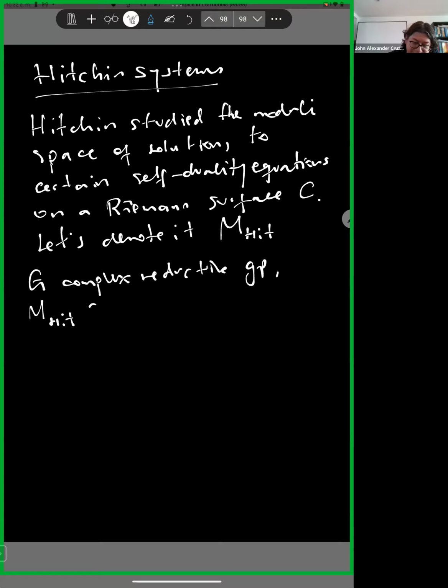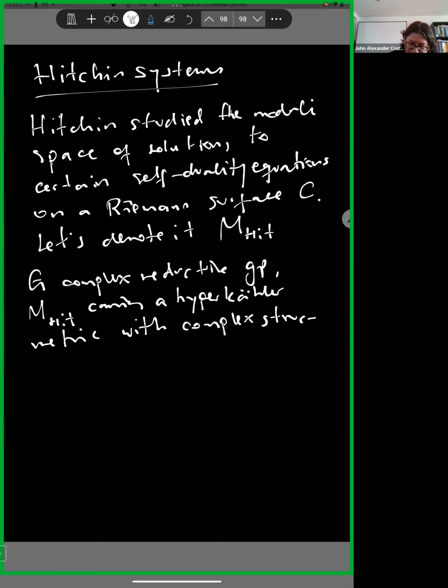It carries a hyperkähler metric, with complex structures I, J, and K. Those are the complex structures, right?